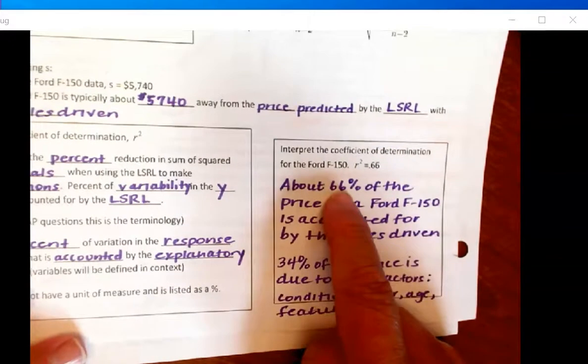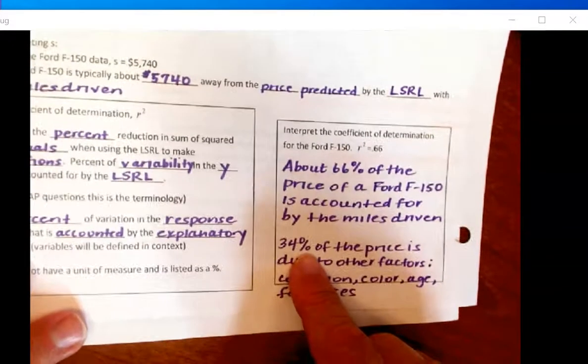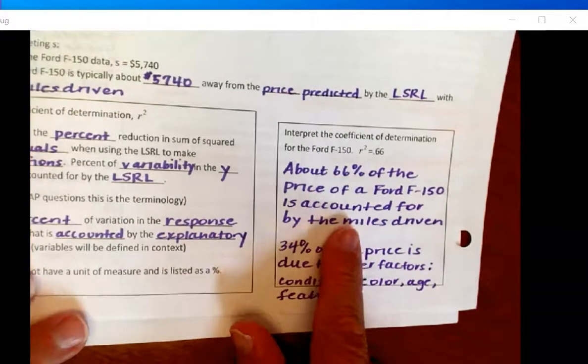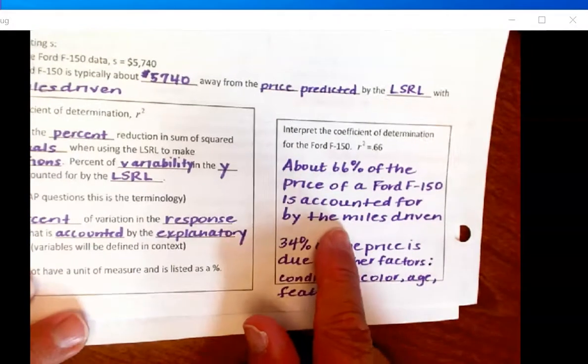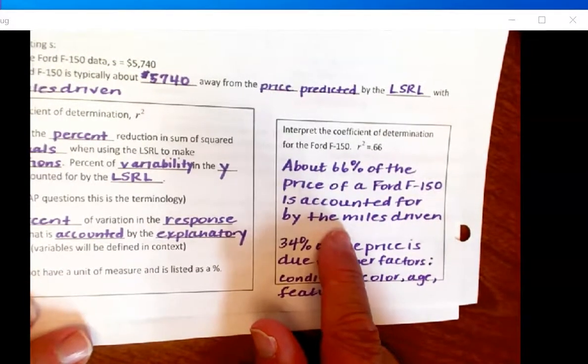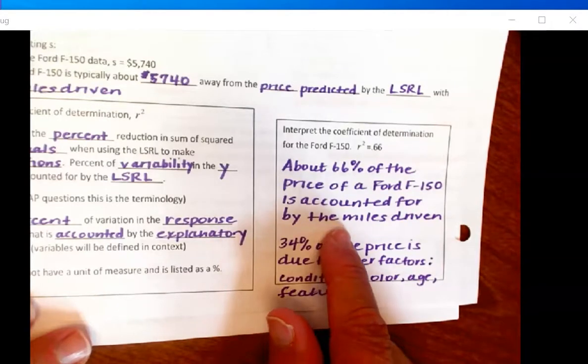So you're like, all right, what's the other 34%? Well, the other 34% of the price could be due to other factors such as condition, color, age, features. Okay, so that's what the R squared is. It's the coefficient of determination, and that is how you would put it in context, and how you would say what the meaning behind R squared is.